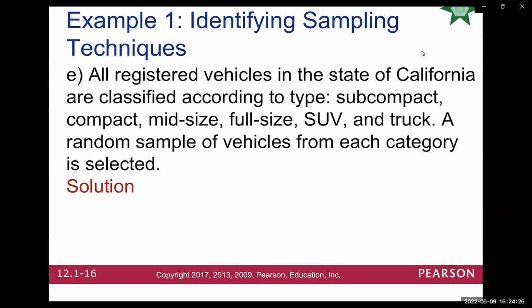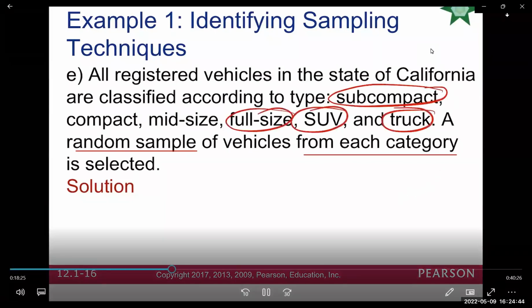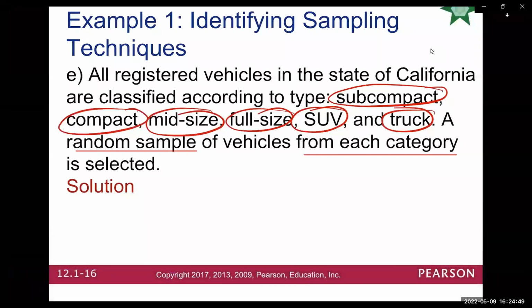Stratified, because the vehicles are being broken up into different categories. Yeah, and vehicles are selected from each category, and the keyword is random sample. So they're breaking them up into different categories, so that's either cluster or stratified. If it would have been cluster, they would have selected, let's say, midsize and SUV, meaning all the midsize cars and all the SUVs.